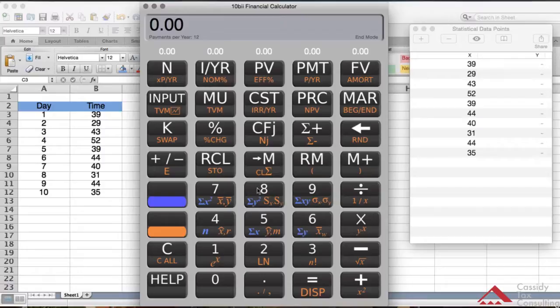How do you get the standard deviation of those data points? You see this S over the 8, so we hit that, you hit standard deviation, and it gives me the standard deviation. Now, if you want the variance, I know it's kind of backwards.